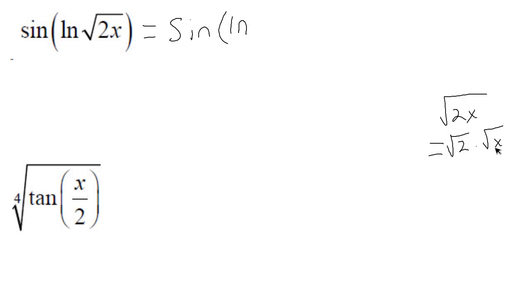We prefer to do that because now it's only 3 layers instead of 4. So that's why we're going to rewrite it that way. I'm going to rewrite this as the square root of 2 times x to the 1/2. Do we all see how I rewrote that?